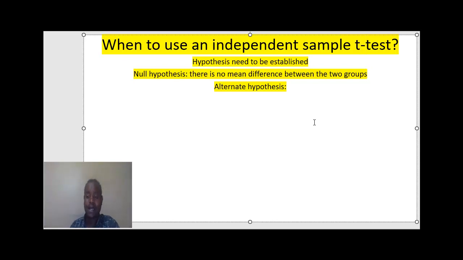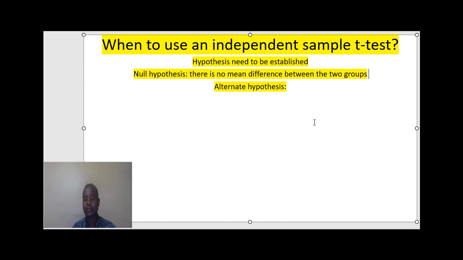Or another example, let us assume our interest is to find out whether or not there is average exam result difference between male students and female students, and then in this case a null hypothesis would be there is no average exam result difference between a group of male students and a group of female students, like that.